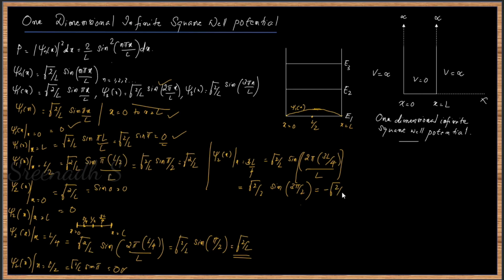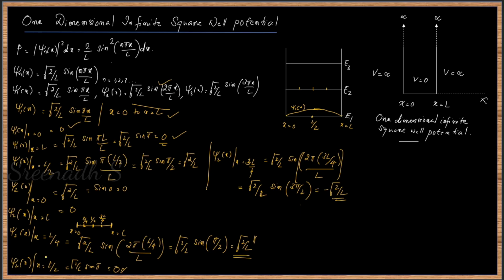Okay, so how can we draw that? For that we need to divide into 4 equal parts, L by 4 segments. At x equal to 0 it is 0. At x equal to L by 4 it is the maximum value, square root of 2 by L. At x equal to L by 2 it is again 0.